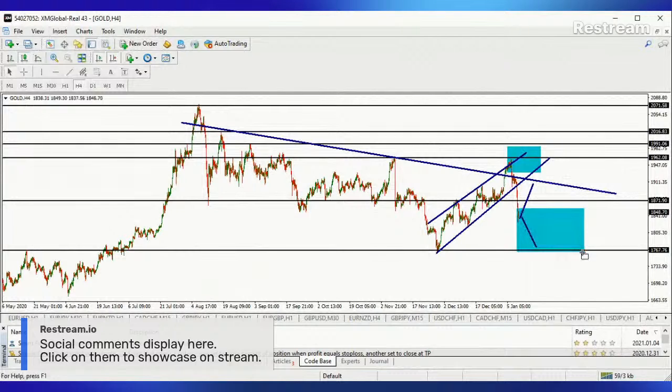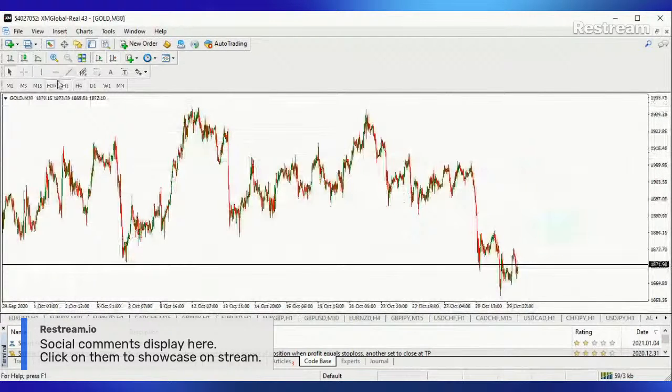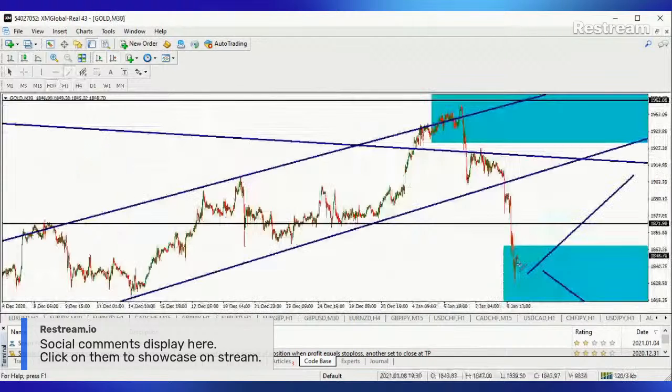That's what I'm seeing. But it's Sunday and Monday, so it may want to do this this week before it decides to go down. So we'll be seeing that.